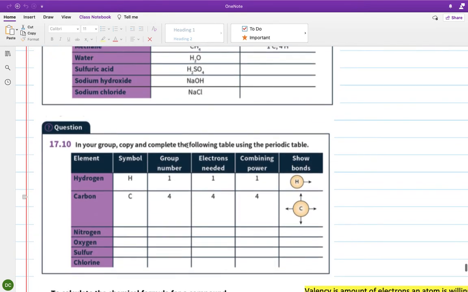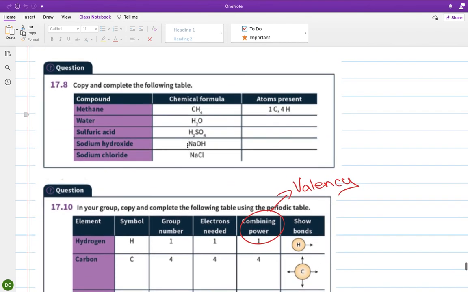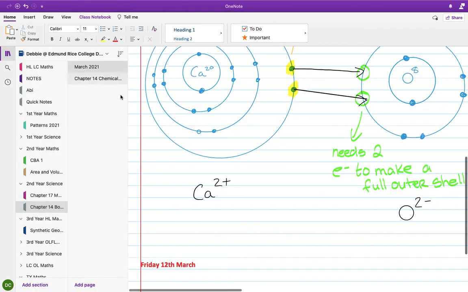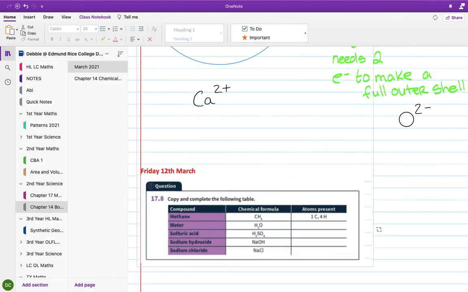Okay, so I'm going to get you to do these 2 little boxes here for homework. And just to be aware, the combining power here, that's another way of saying valency. So these 2 questions are going to be for homework. I definitely did one with the 3rd years recently, generating the molecular formula.